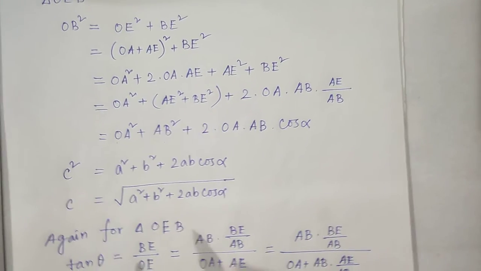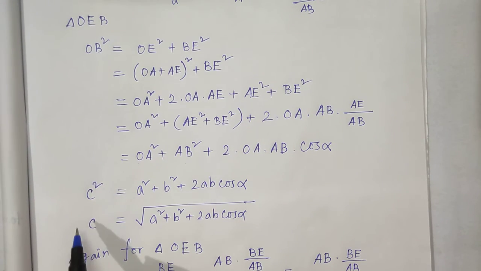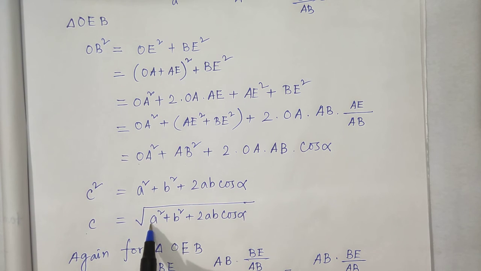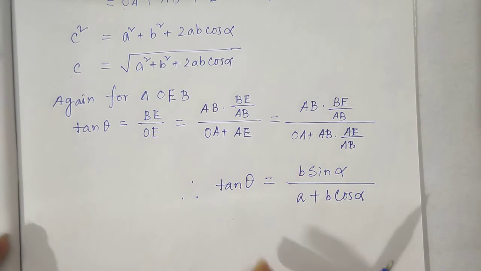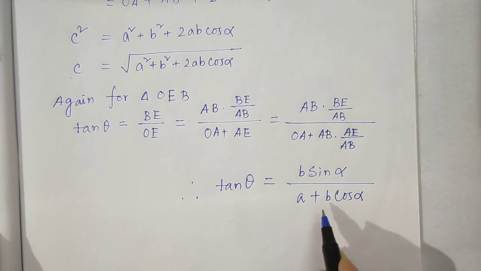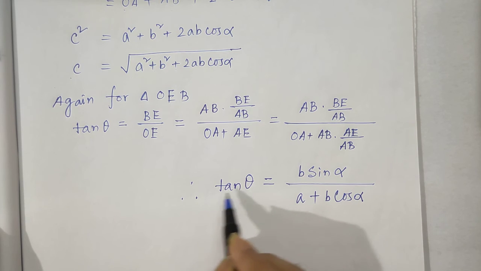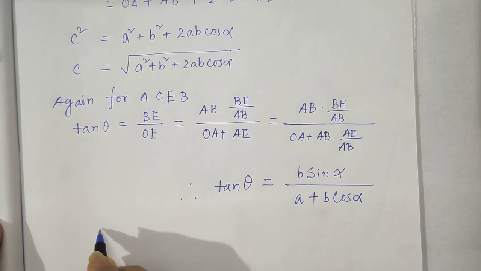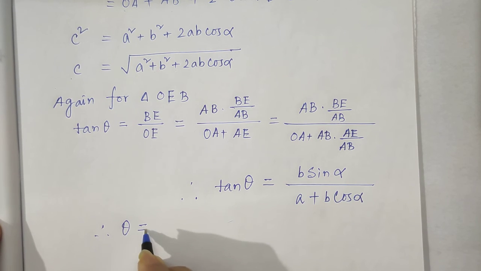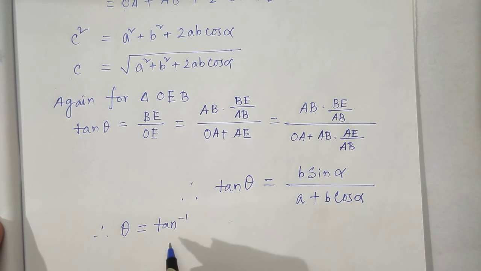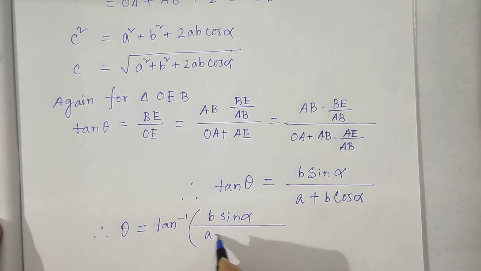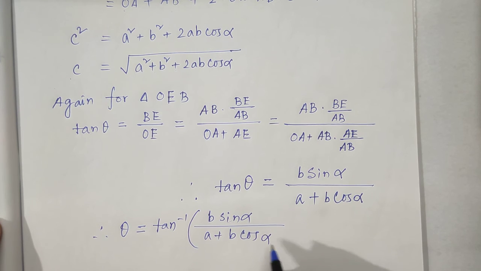So we have successfully calculated the resultant vector's magnitude, which is c equals root over a squared plus b squared plus 2ab cos alpha, and the direction with the help of the tan theta, right? So we can easily calculate theta from the above equation. So theta equals tan inverse of b sine alpha divided by a plus b cos alpha, right?